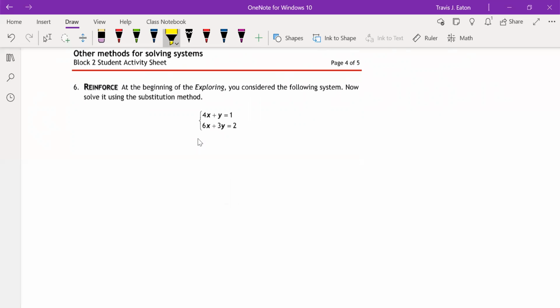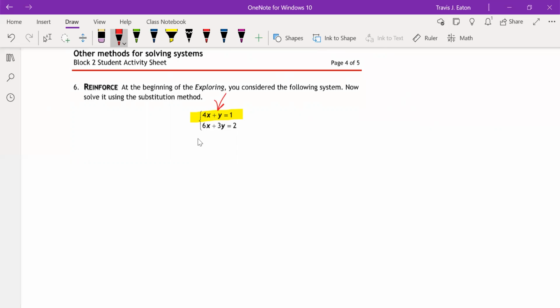Hopefully you're looking at it and going, well, Mr. Eaton, I am going to guess that this is the equation that I would solve first, because you can see right here, I've got that single y.